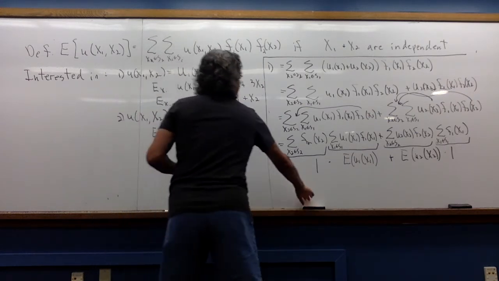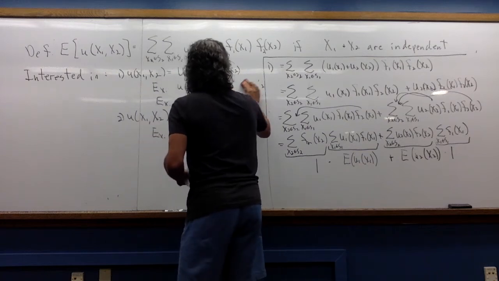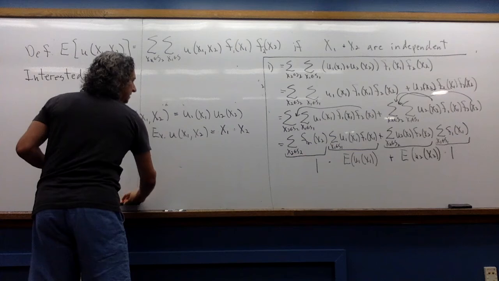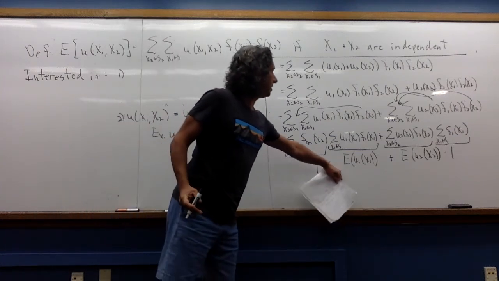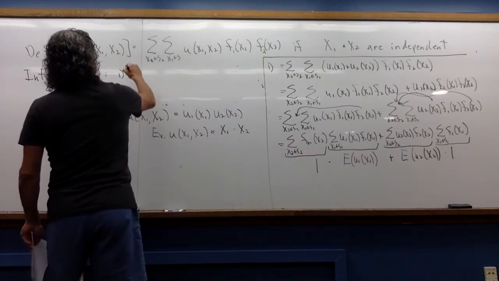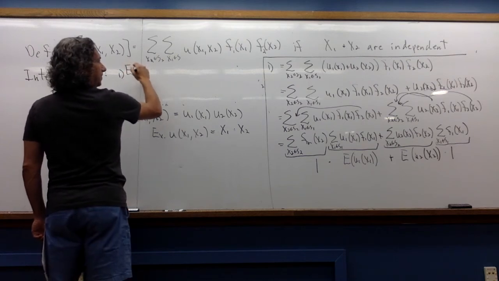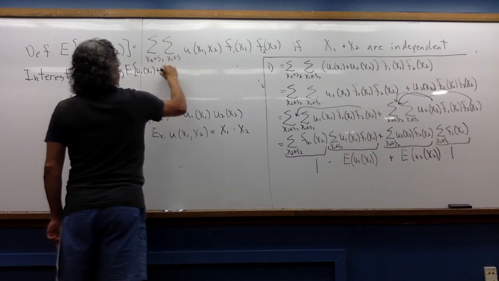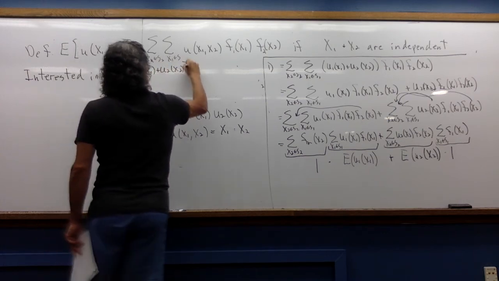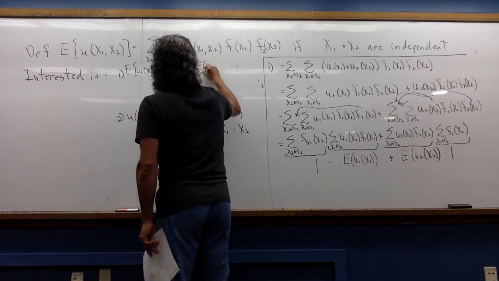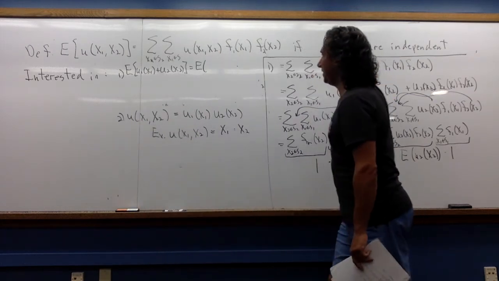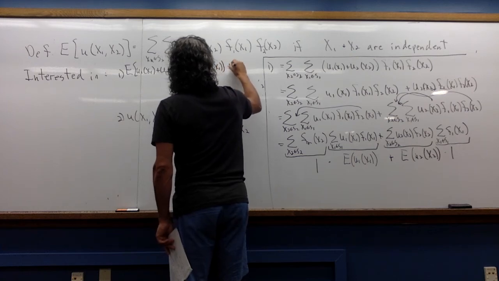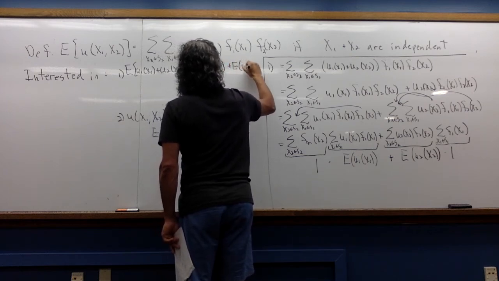So this tells me that when I happen to have a u of x1, x2 that's a sum, then it's a really easy computation. The expected value of u1 of x1 plus u2 of x2 looks pretty complicated, but that's just the expected value of u1 of x1 plus the expected value of u2 of x2.